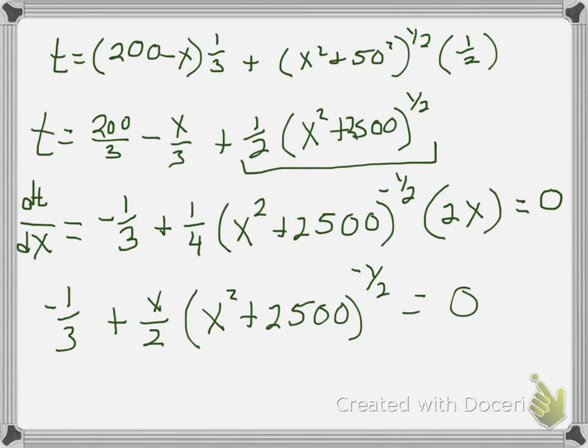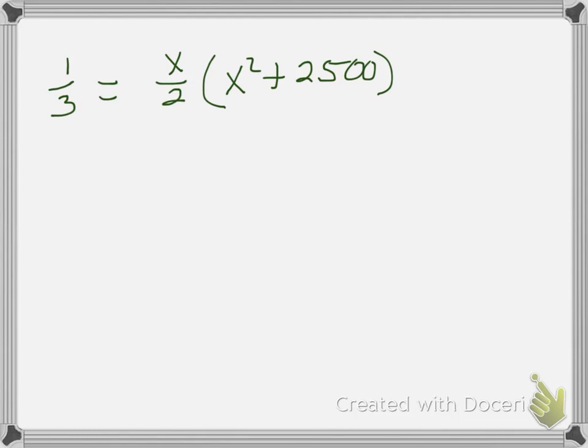Okay. Now I'd like to start solving for x, so I can move the negative 1/3 to the other side, where I will have 1/3 equals x over 2 times x squared plus 2500 to the negative 1/2 power.